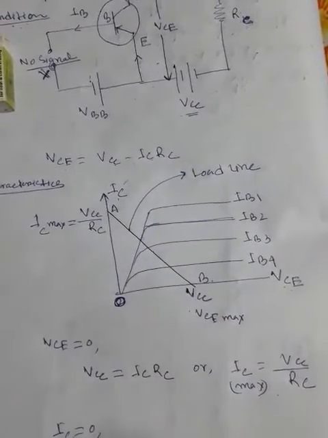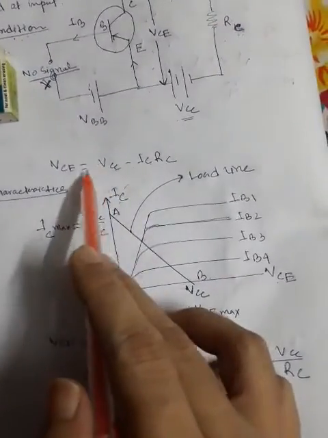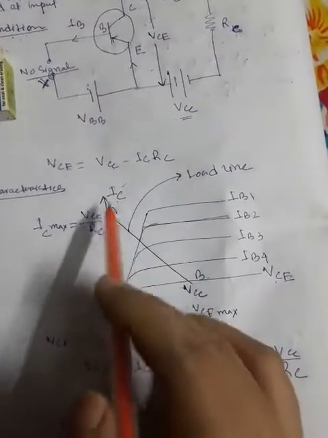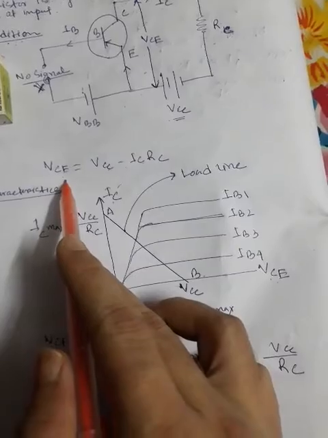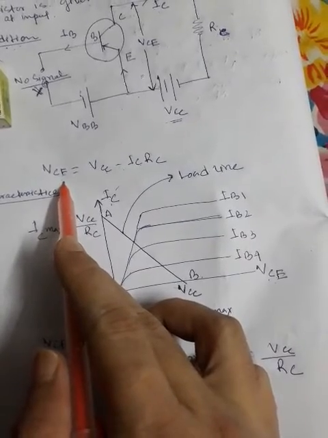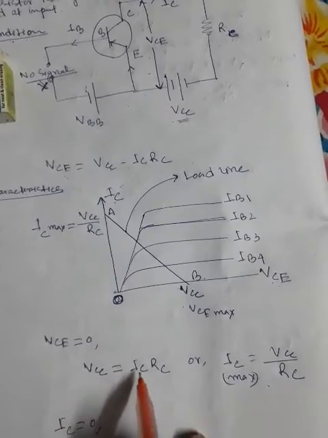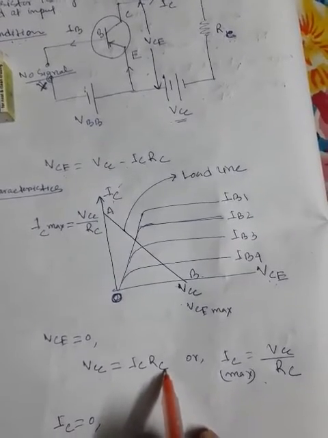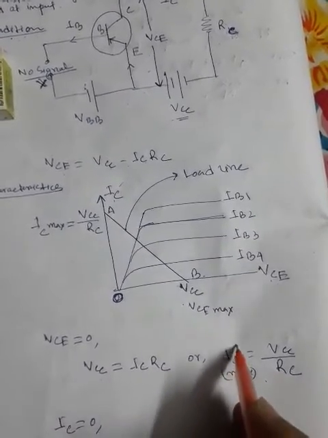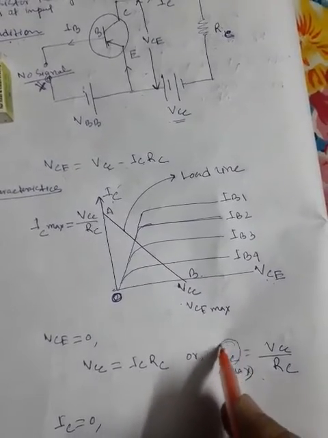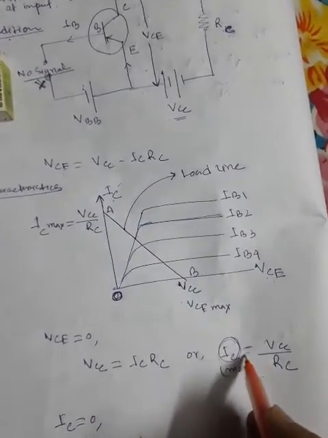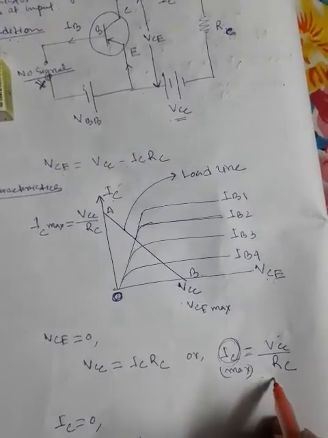Now see that if in this equation we put VCE equal to 0, VCC will be equal to IC into RC, or the value of IC max will be equal to VCC by RC.